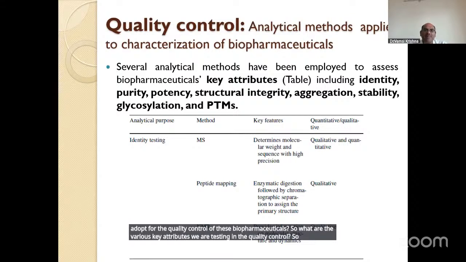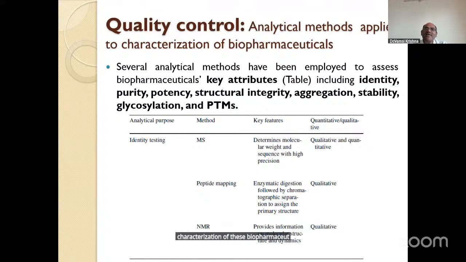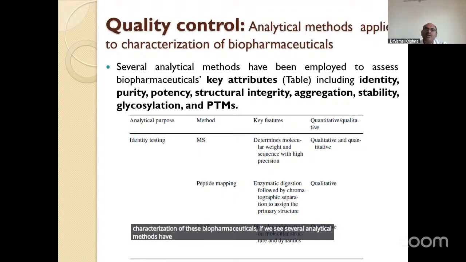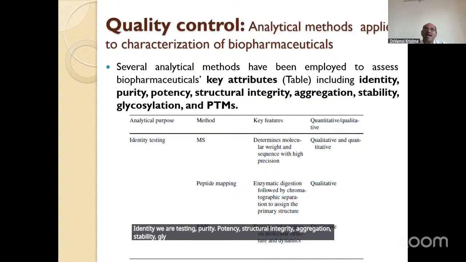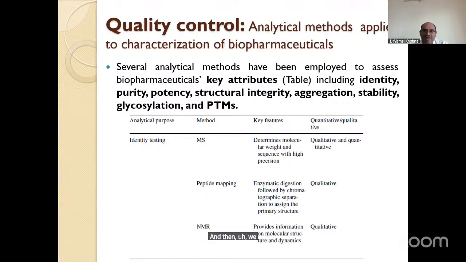Several analytical methods have been employed to assess the key attributes of biopharmaceuticals. We test identity, purity, potency, structural integrity, aggregation, stability, glycosylation, and post-translational modifications. All these key attributes are tested in routine quality control, and then we release the biopharmaceuticals.